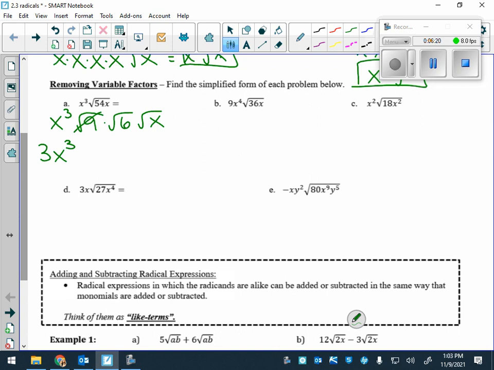Can I do anything with x? No. So those stay inside. Okay. So now for B, I have 9x to the 4th already on the outside. What am I taking out?